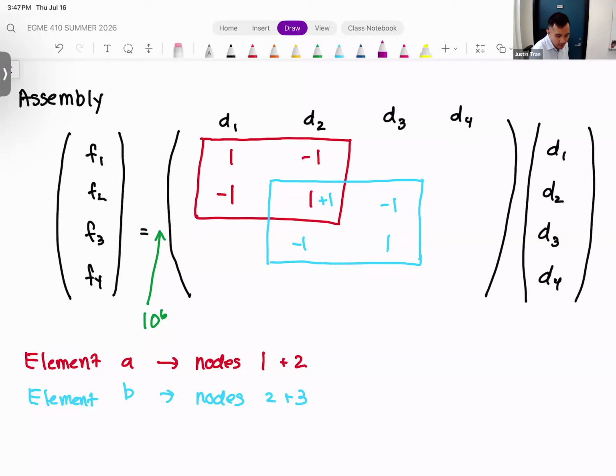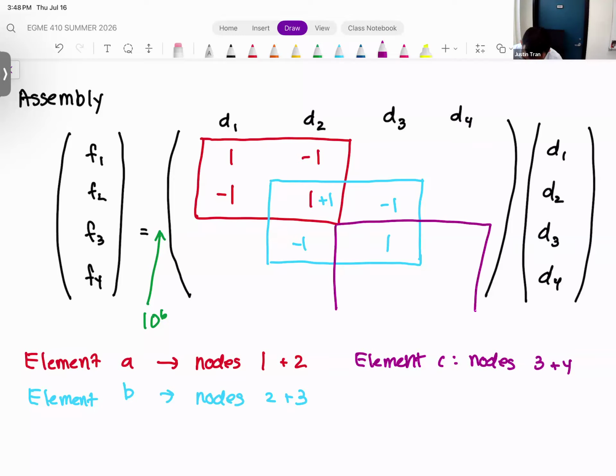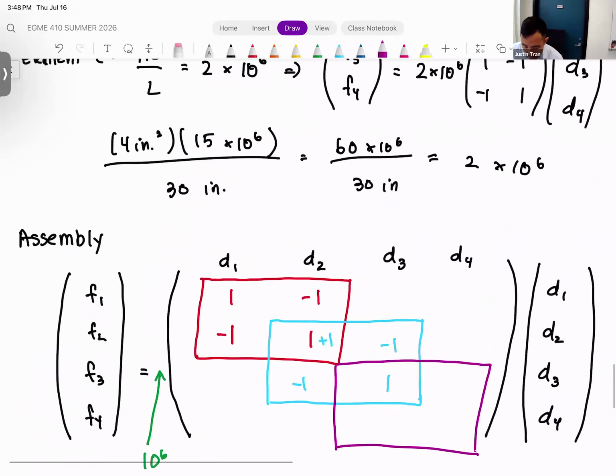And then finally, we have element C. Element C is nodes 3 and 4, so that's third row, fourth row, third column, fourth column, which is that portion right there. Now be careful here. Remember, element C has a slightly different element stiffness matrix.